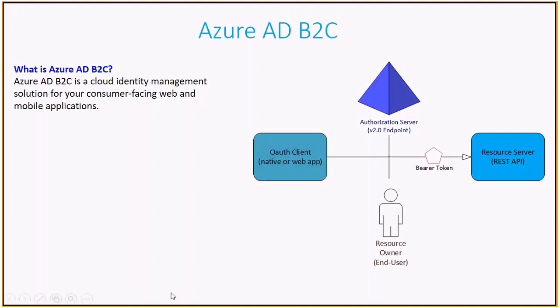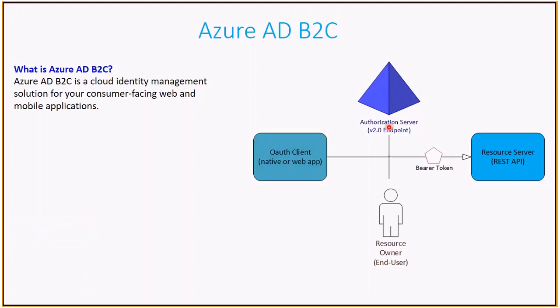For this, whatever native client, web app or mobile app, they are basically OAuth clients. They would make an OAuth call to get a token, and they would authorize themselves using an authorization server like OAuth endpoints.